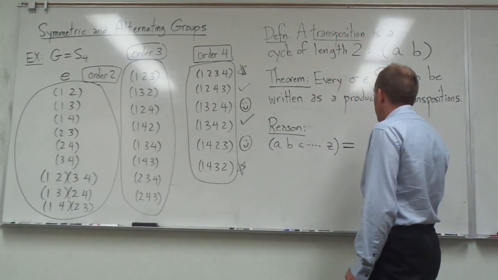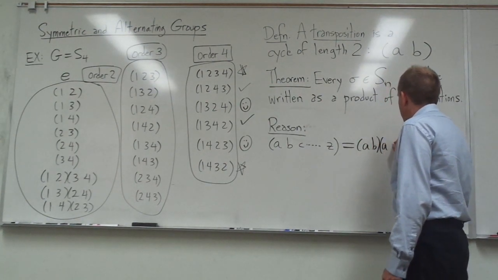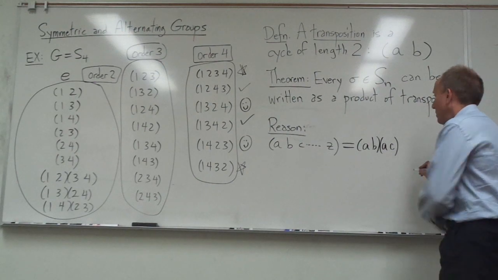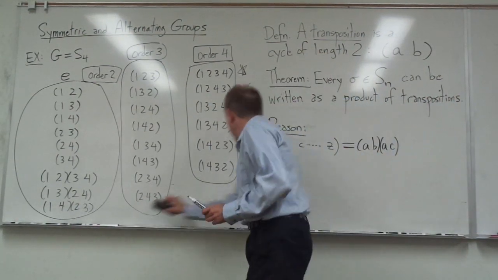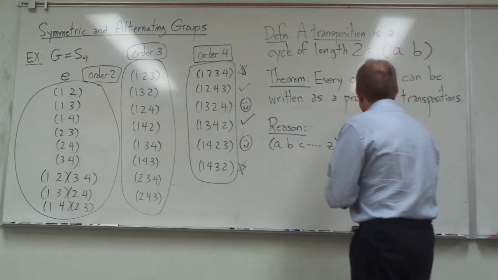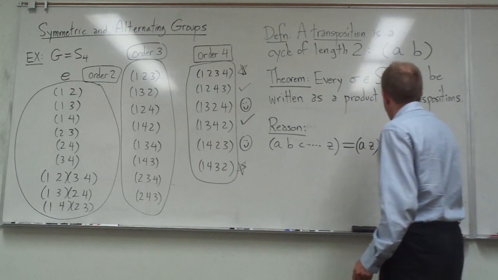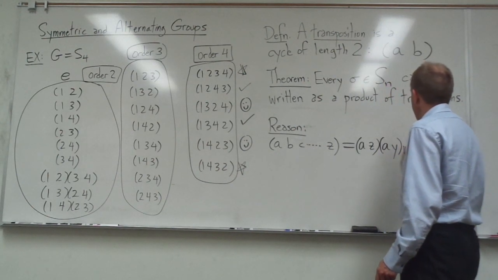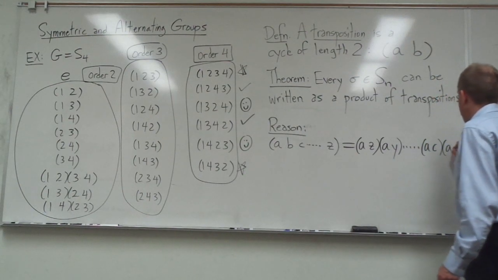And the way that you would do that would be (A B) times (A C) times, wait, do I have this right? No, I'm doing it backwards. Sorry, it's easy to get this backwards. It's going to be (A Z) times (A Y) times ... times (A C) times (A B).